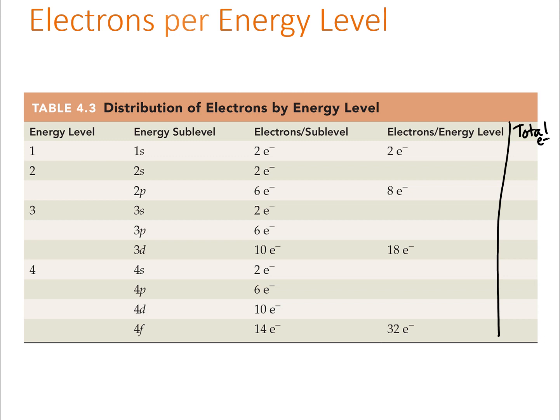In the first energy level, we've got the 1s sublevel, and that's it. The s sublevel, no matter where you see it, 1s, 2s, 5s, it always has 1 orbital. Each orbital holds a maximum of 2 electrons.